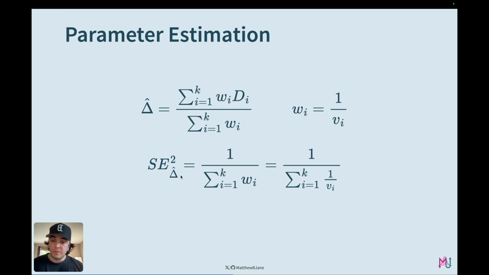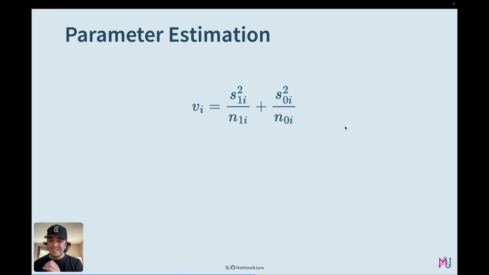Here, we can compute the standard error squared, or the sampling variance of the estimated true effect size, by taking essentially the harmonic mean of the sampling variances, or the inverse of the sum of the weights in this case.